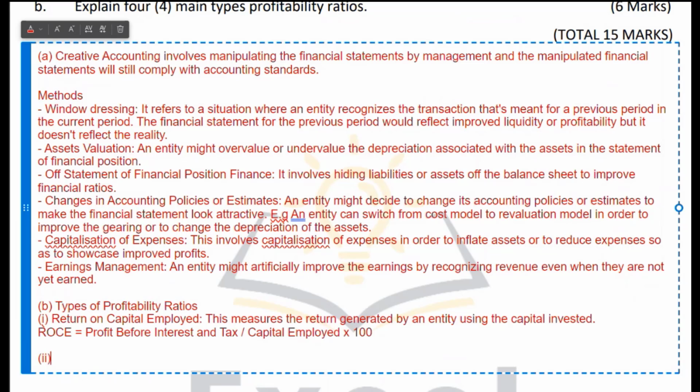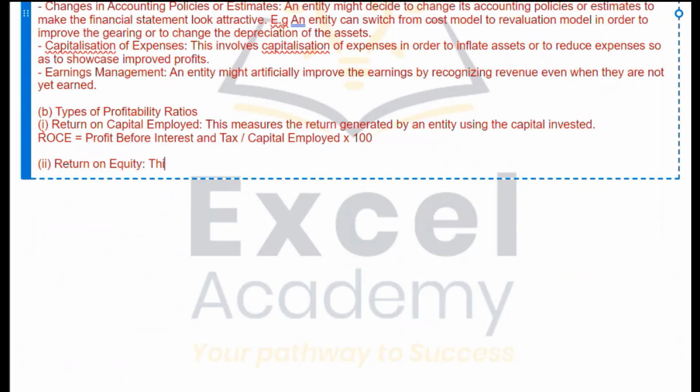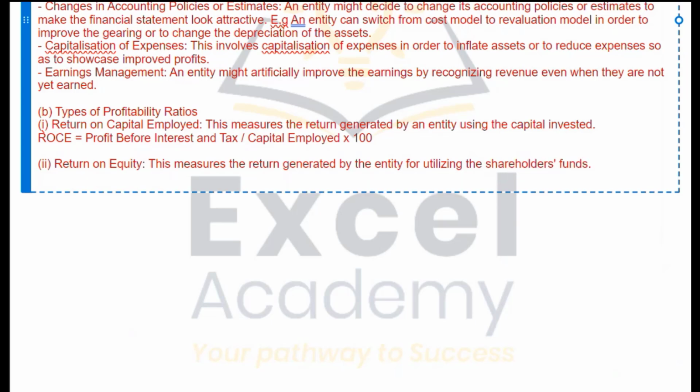Another one is return on equity. This measures the returns generated by an entity by utilizing the shareholders' funds. The formula for this is ROE, which is profit after tax over the equity multiplied by 100.